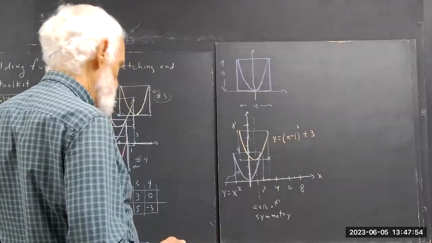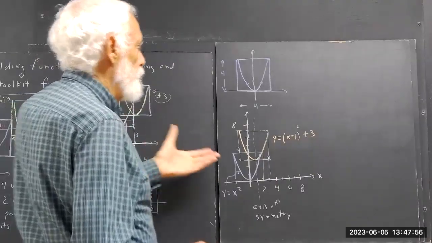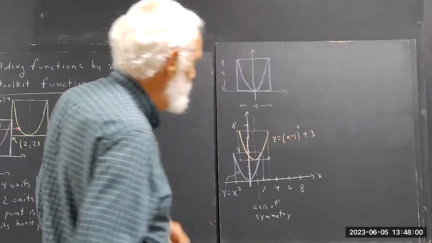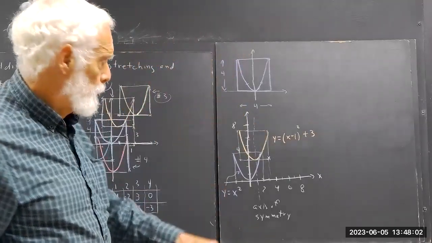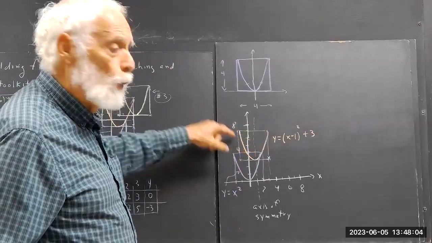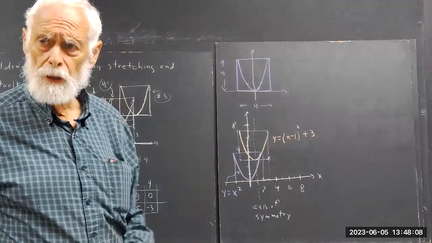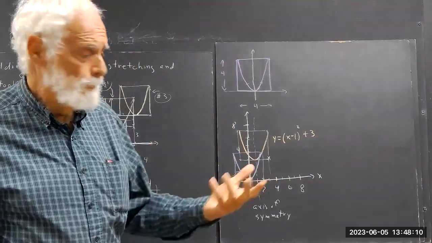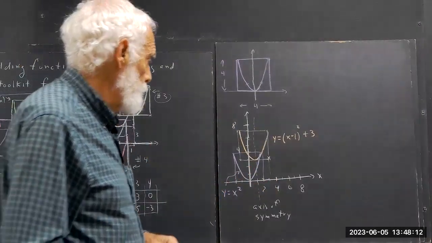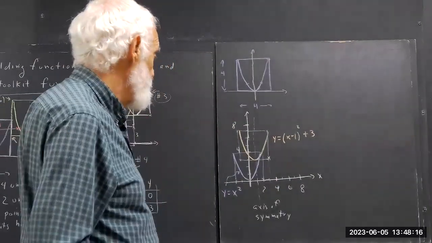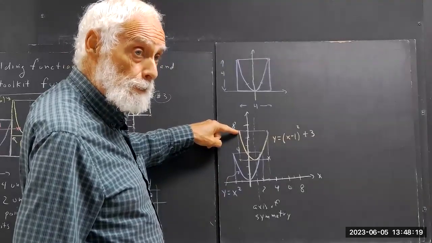Let's test this. Can you give me a point on this graph? A point on the orange curve. List a couple of points on the orange curve. Should be fairly straightforward. For example, we have this upper left-hand corner.